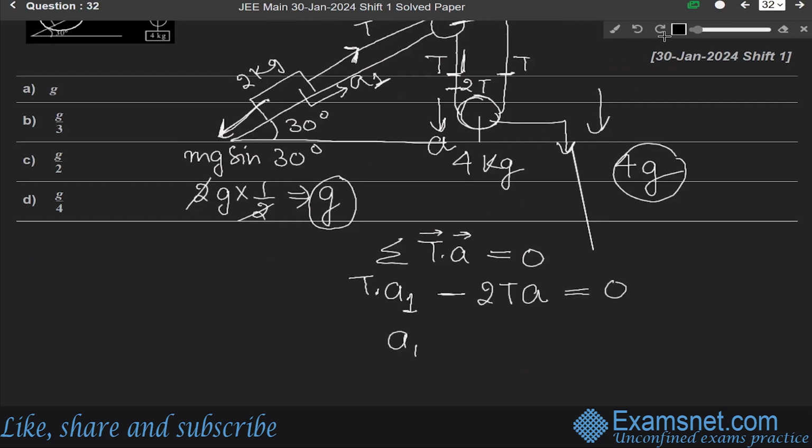Solving this, A1 minus 2A equals 0, so A1 equals 2A. That means the acceleration of this block in this direction is 2A.